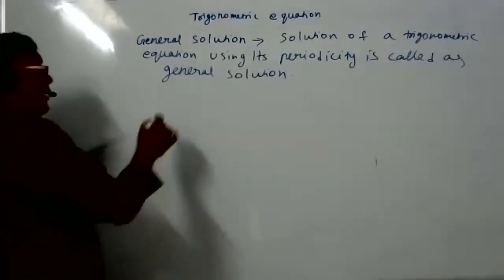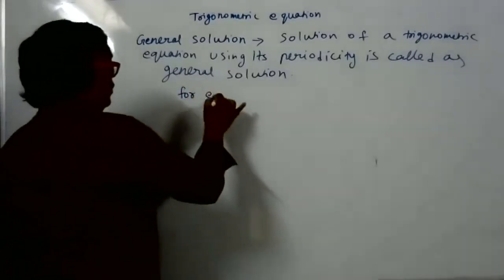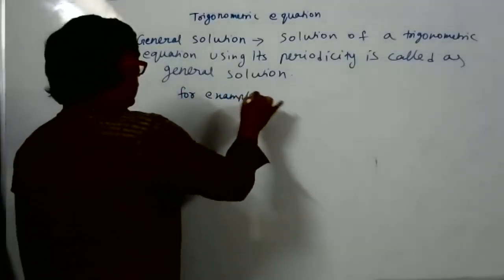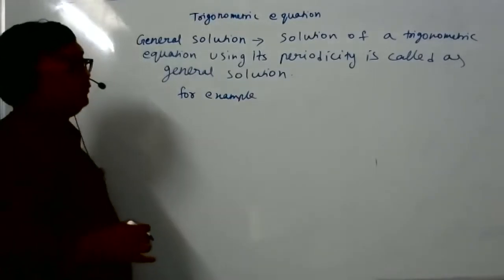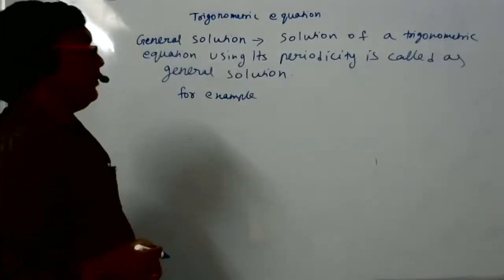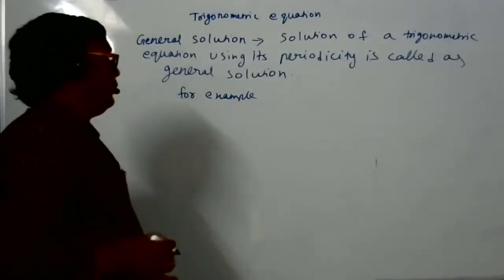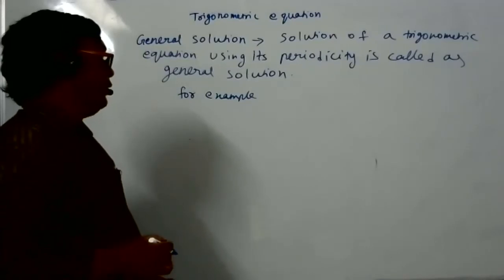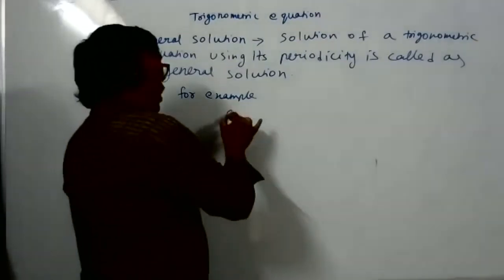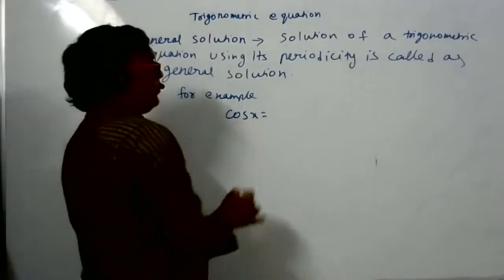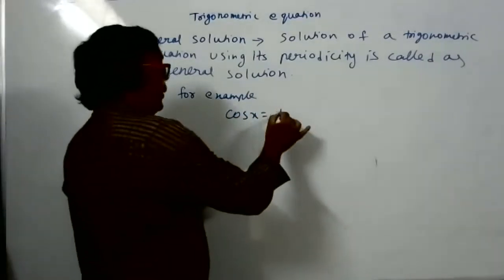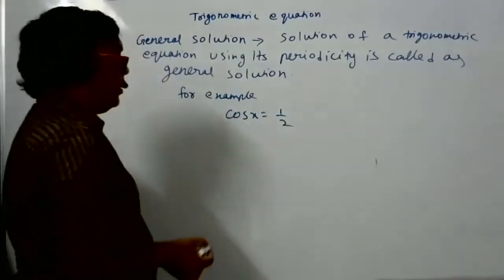For example, suppose I say cos x is equal to 1 by 2. So what is x then?